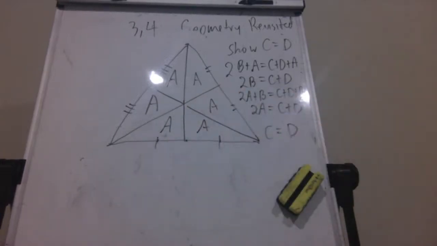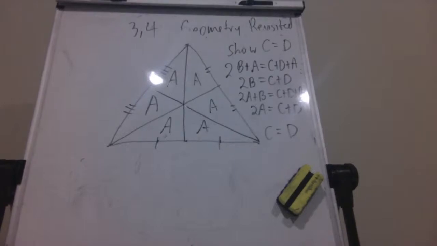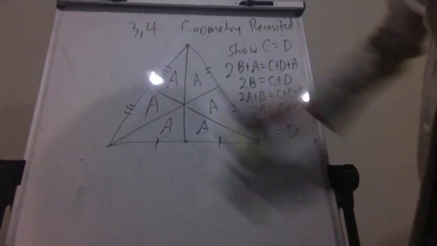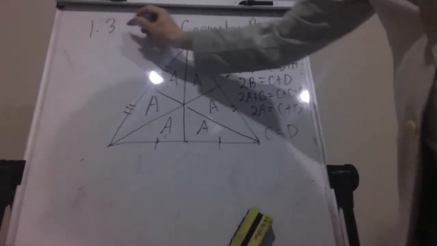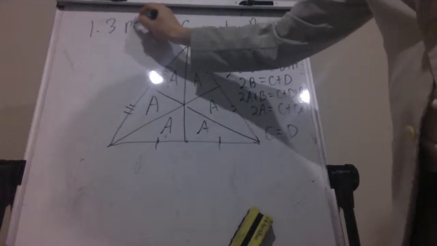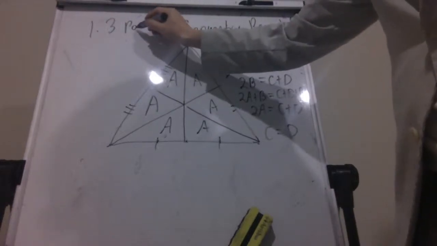So that was actually one of the theorems. We're starting 1.3 now, 1.3 points of interest, POI.